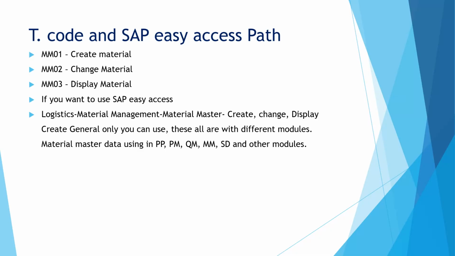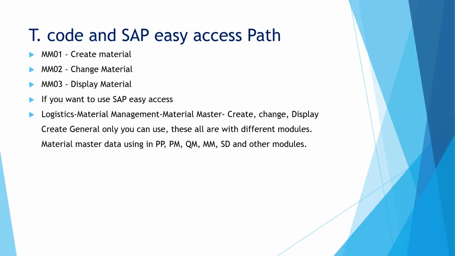If you want to use SAP Easy Access, I have given the path here also. You can go to Logistics, Material Management, Material Master, and then Create, Change, Display. Create general is the one we can use, because the others are for different modules.